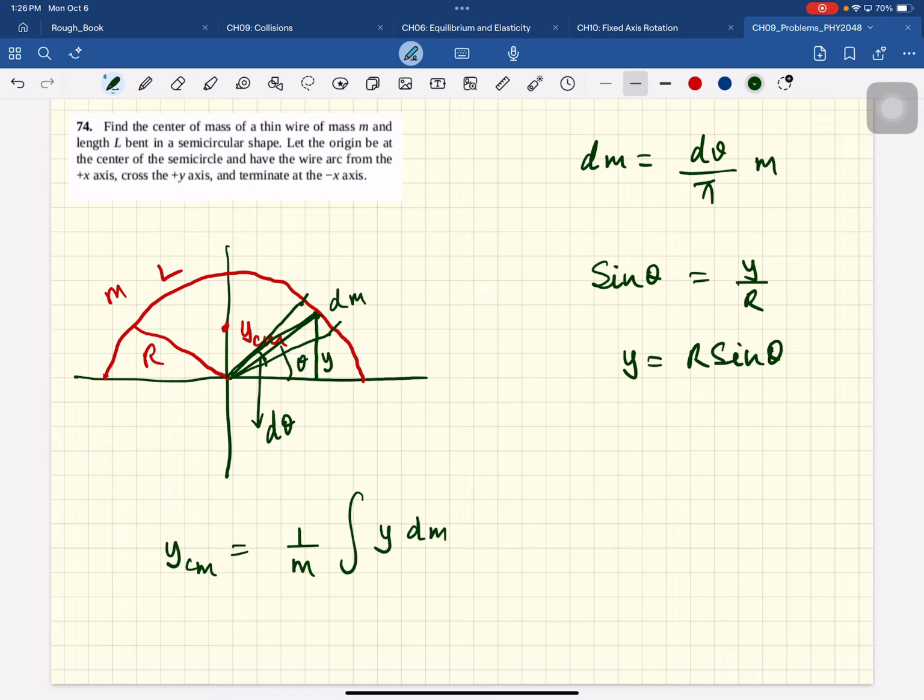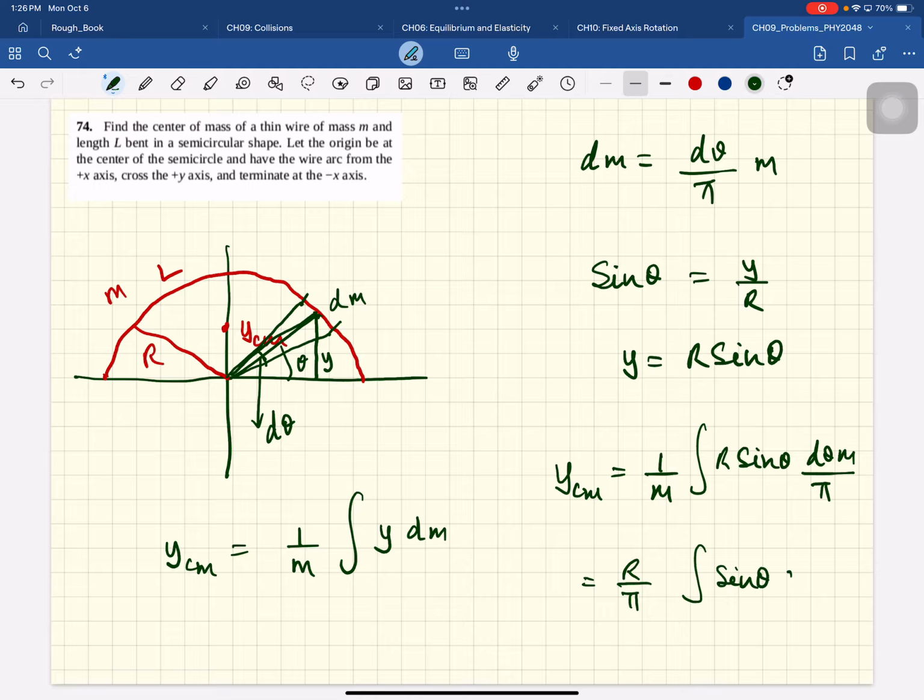All right, so y center of mass is 1 over m times the integral of y, which is r sine theta, times dm, which is d theta m over pi. The m cancels, and so this is r over pi integral of sine theta d theta.